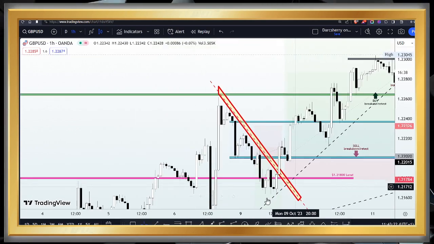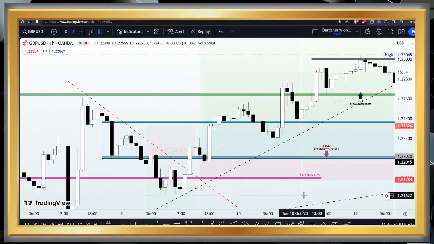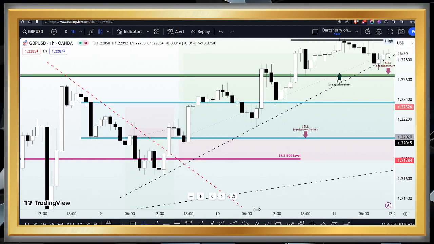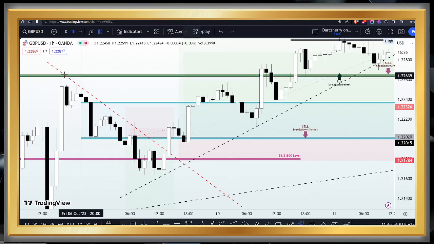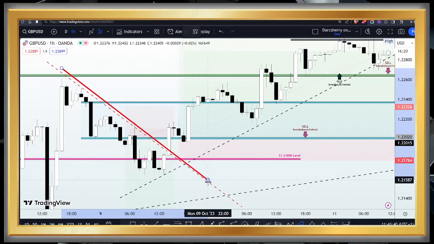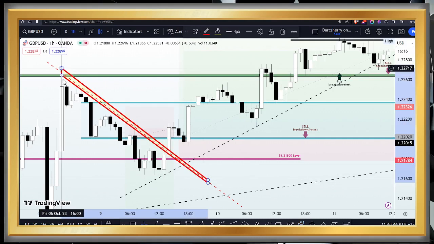Now, at the beginning of the week, we acknowledged that price was finding lower highs and lower lows, leading into a situation where we positioned ourselves for bearish opportunity. And prior to the selling opportunities, we acknowledged the lower highs, and we connected this series of lower highs, which gave us this descending trend line.